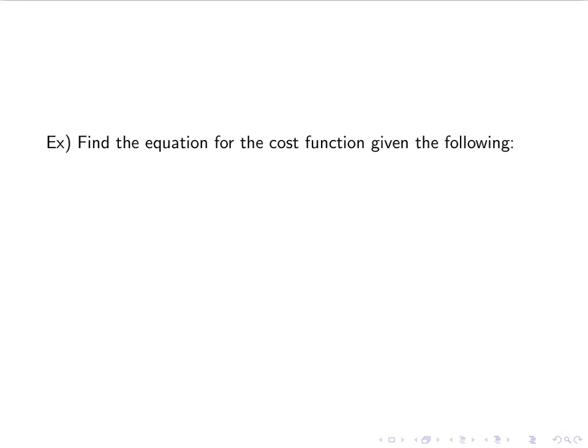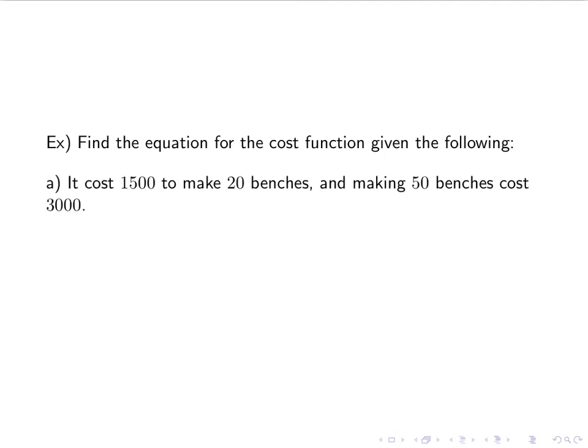Another thing we can do is find the equation. So find the equation for the cost function given the following. So for our first one, we're given a sentence. It costs $1,500 to make 20 benches, and making 50 benches costs $3,000. So what I want to do is take those 2 pieces of information and get 2 points out of it.